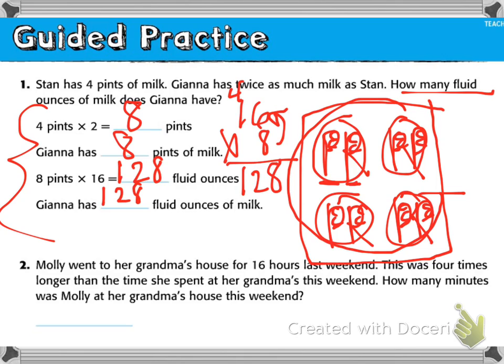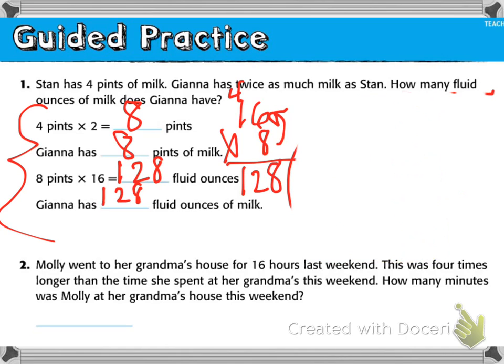Okay. Number 2. Molly, good old Molly, my friend Molly, went to her grandma's house for 16 hours last weekend. This was 4 times longer than the time she spent at her grandma's this weekend. How many minutes was Molly at her grandma's house this weekend? Okay, well, we have hours here, and it's asking minutes, so that means we need to convert somewhere.